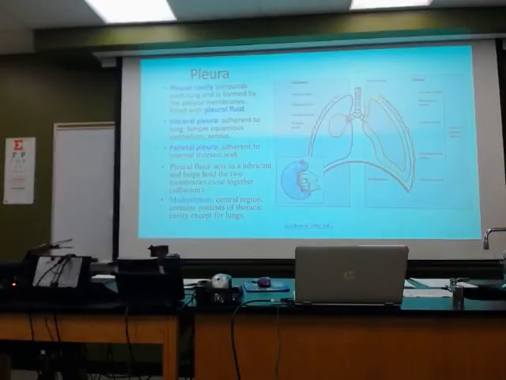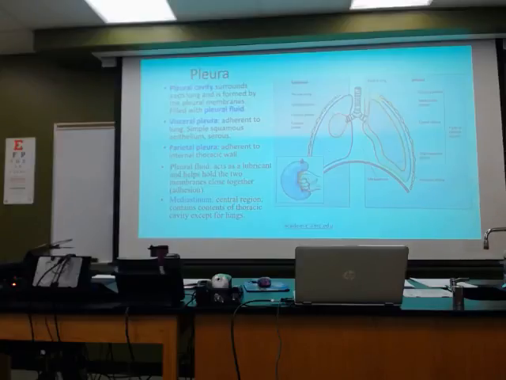The other part about this, that parietal membrane is going to help hold the lungs within the thoracic cavity. So we're going to have an attachment to the outer thoracic cavity with these membranes. Can you say that part again?